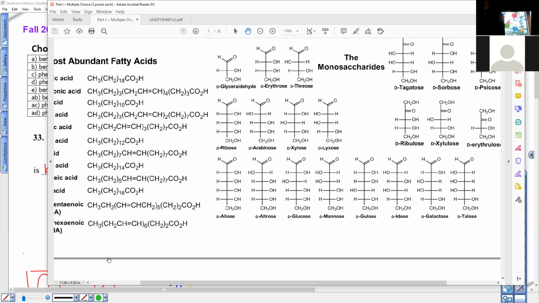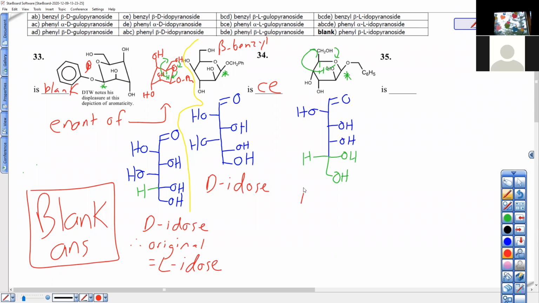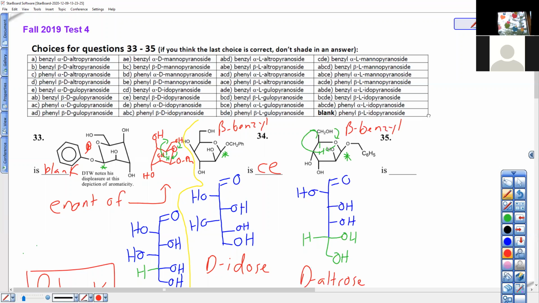Altrose. D-altrose. This is all beta. Beta benzyl again. It's benzyl, it's got the extra C, doesn't it? Beta benzyl altropyranoside. Benzyl beta D-altropyranoside. That's the one. That's choice B. And there's a nice spot for a break if I ever saw one.